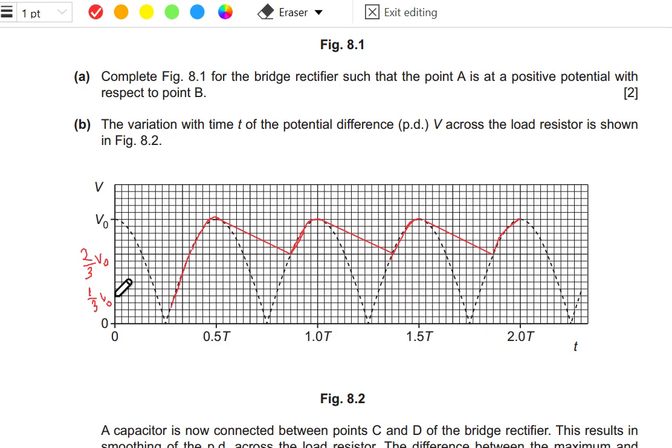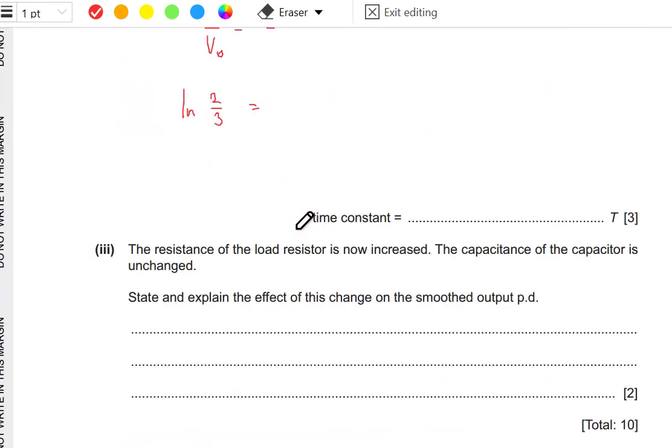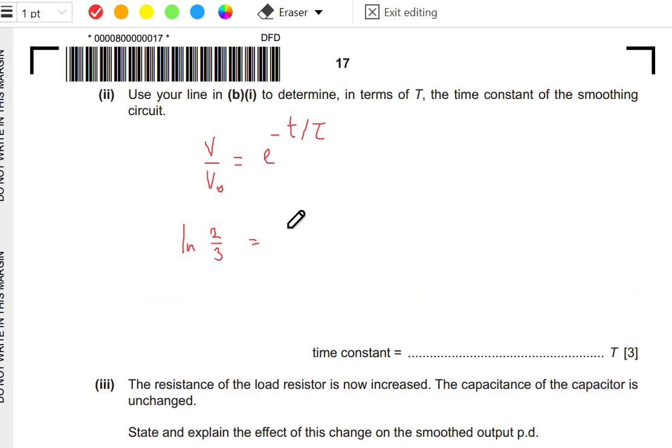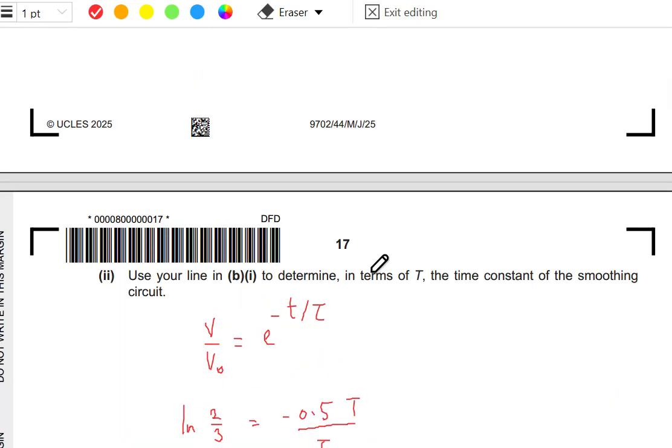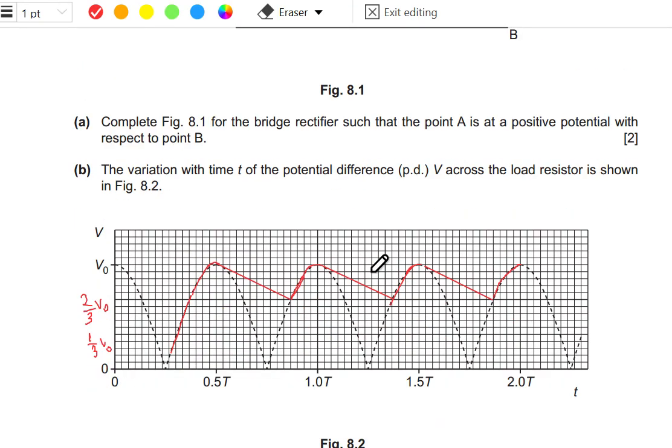Okay, so from V naught to 2 over 3 V naught, this happens in... sorry, it's not 0.5T, it is the time during which this change happened.